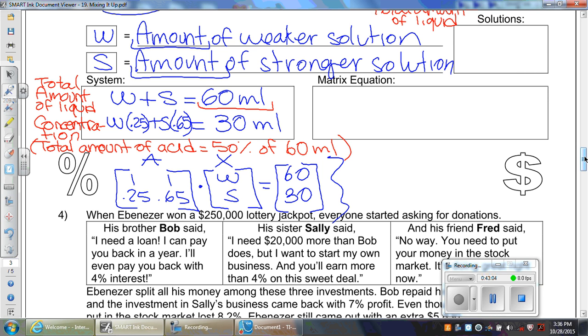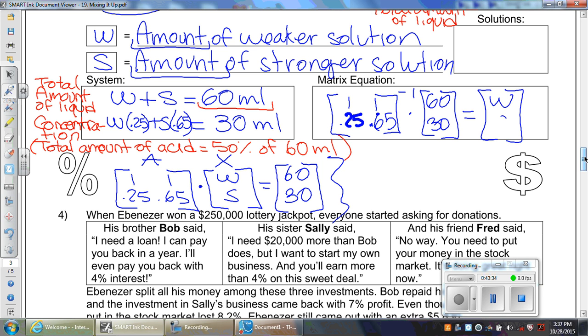To solve our system, we're going to need to do the following. We need the inverse of the coefficient matrix times the constant terms, and that will give us our solution, W and S.